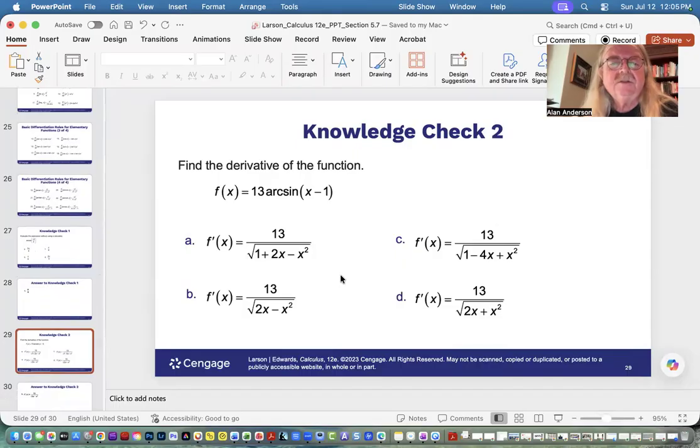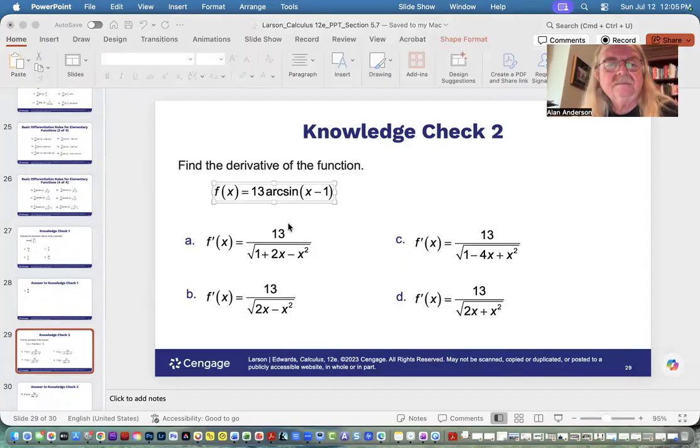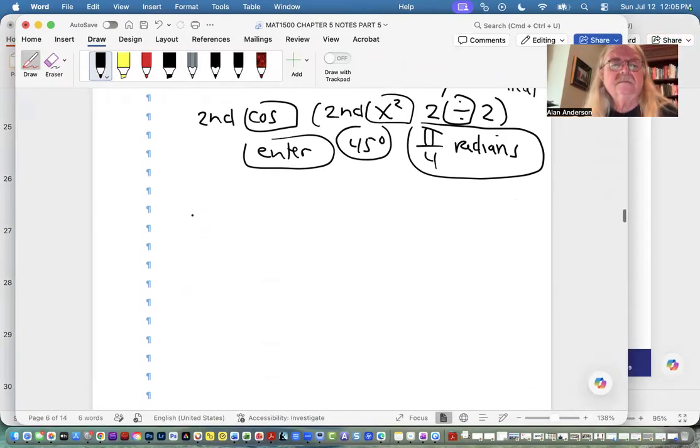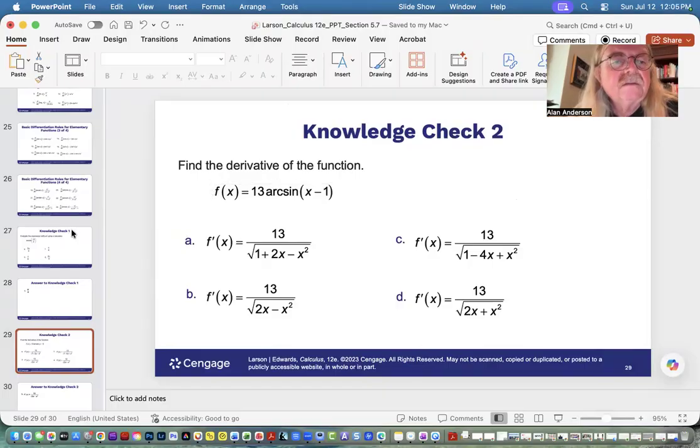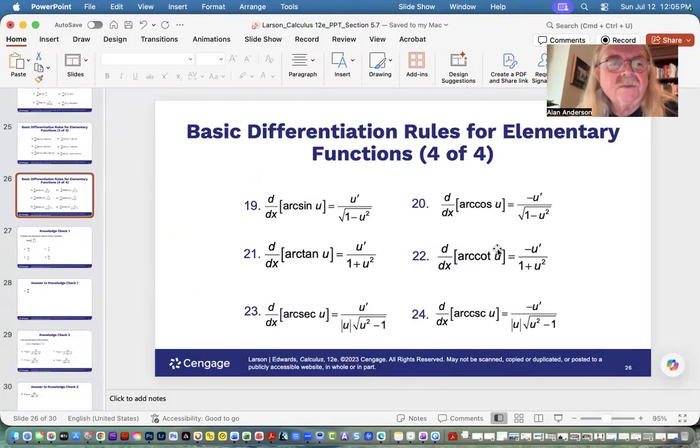The derivative. All right, let's grab this one. All right, so we have to go back to our list. Actually, we could grab it from here too.